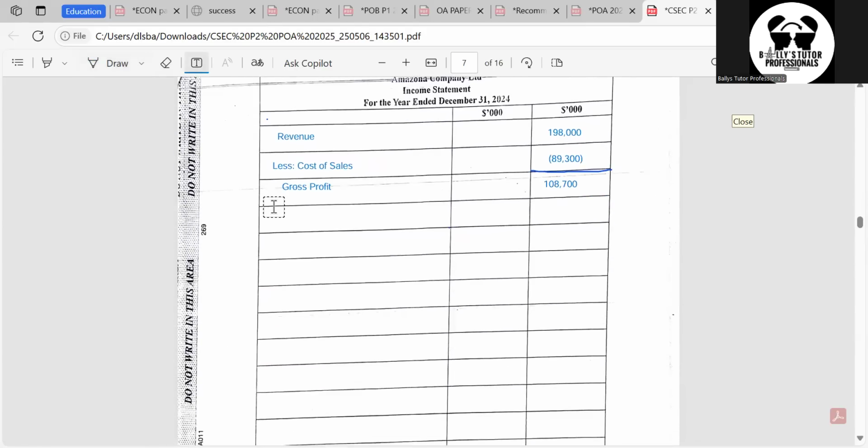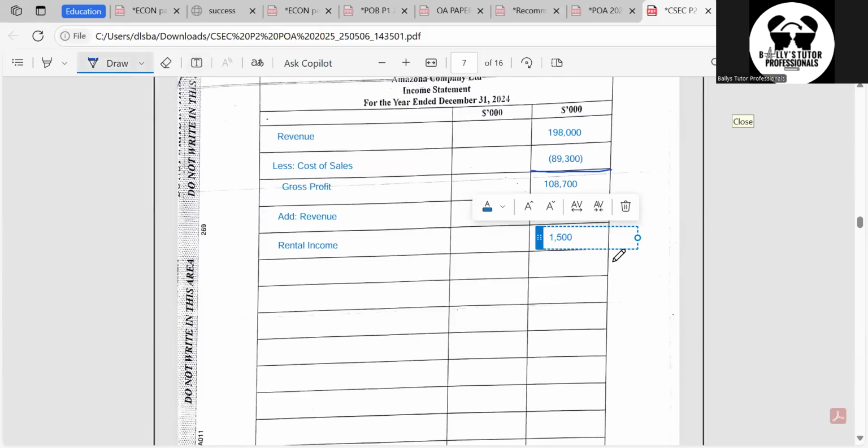So we'll add revenue, rental income, 1,500, and we'll add it to our gross profit.